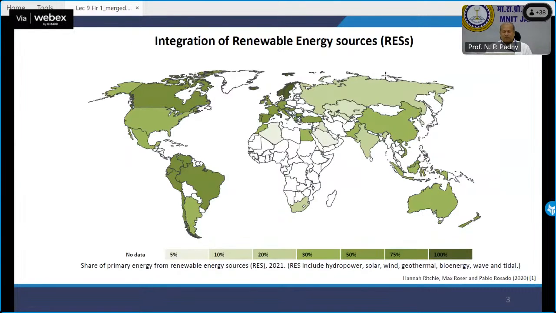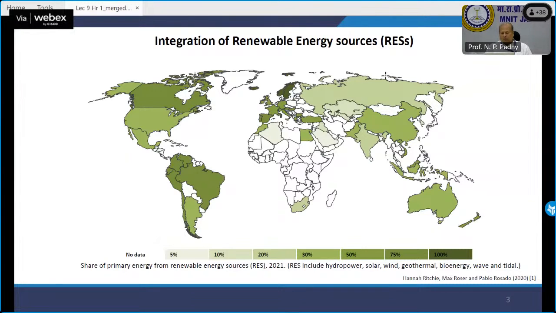All right, so integration of renewable energy sources, that is RES, you can say how renewable energy is being captured. These are the colors through which you can say how predominantly different countries currently include hydropower, solar, wind, geothermal, and so on and so forth. So you could see India is actually not that bad.